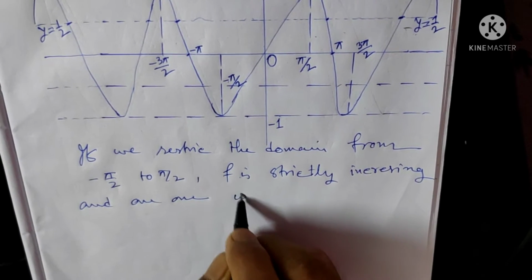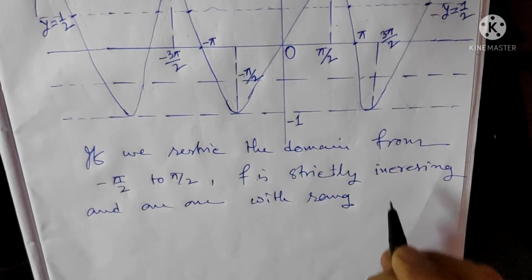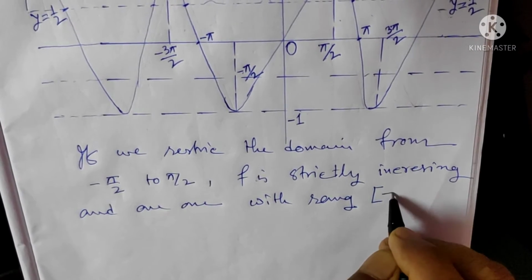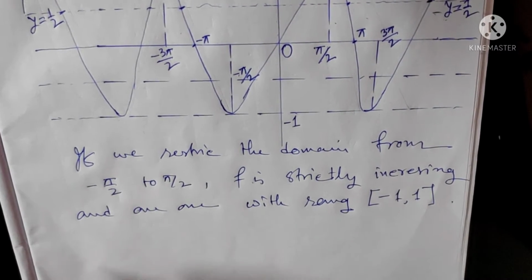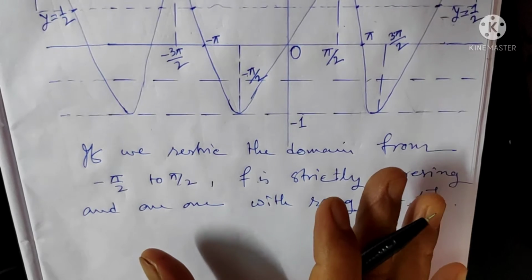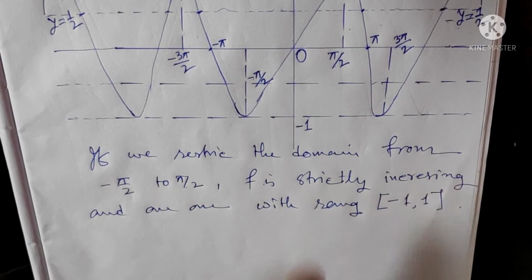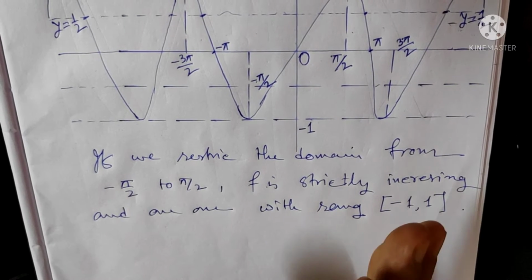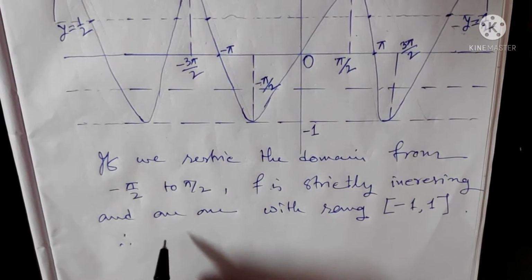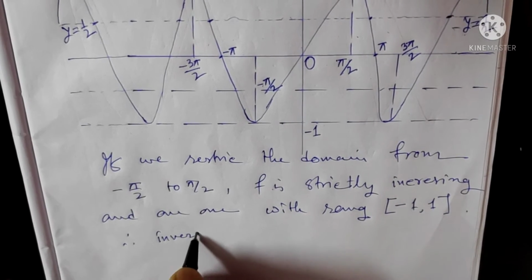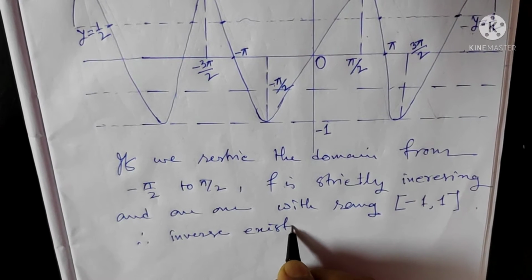Hence f is one-one, and for the inverse of a function we must have one-one and onto. So the inverse exists.